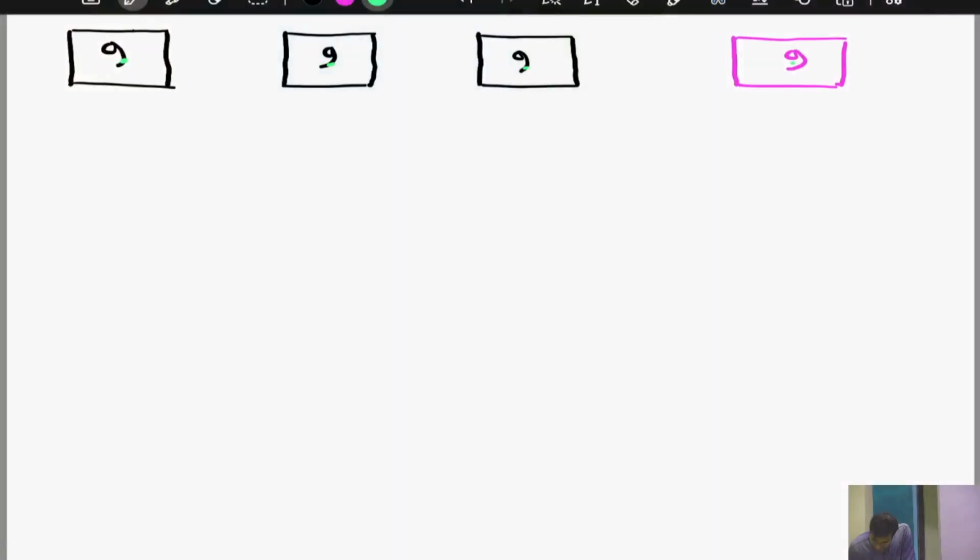So the same pixel location is the green dots, and that one here is this one. Now ideally as a human you should be able to generalize that if the first 3 are 9, the fourth one should also be 9, right?